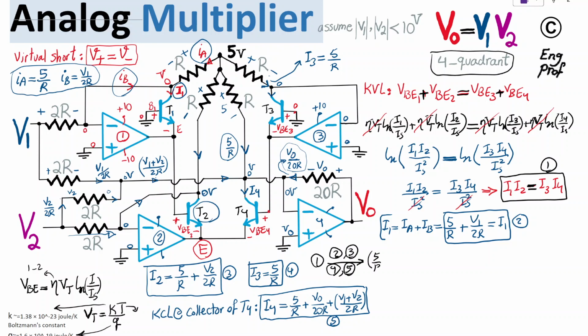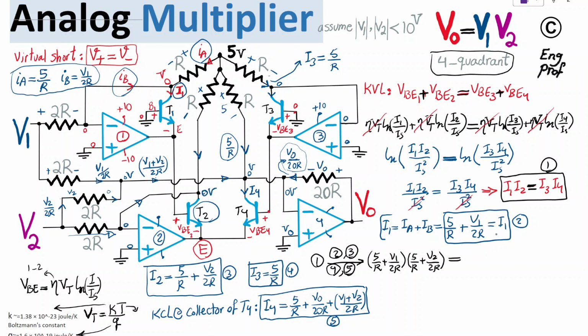5 over R plus V1 over 2R, that's I1, okay? Substituting for I2, which is from equation 3, as you can see here, I have 5 over R plus V2 divided by 2R, and that's the left-hand side.